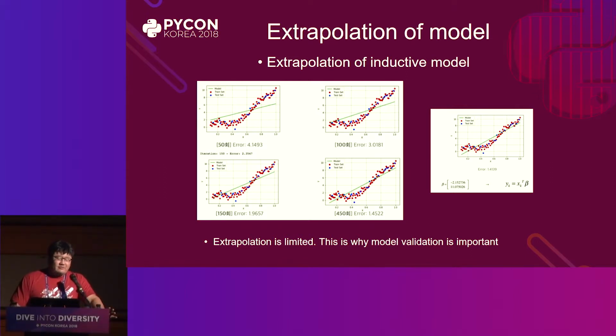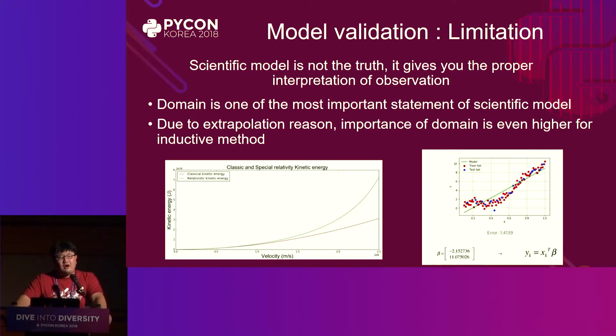However, if you go a little bit farther away from the domain, you cannot postulate anything, and the prediction is getting worse and worse. So this is why, when you are using the inductive method, you need to be very careful. This is the limitation. If you use the laws of physics, at a certain singularity point you cannot do the extrapolation, but until the singularity point, you can extrapolate.